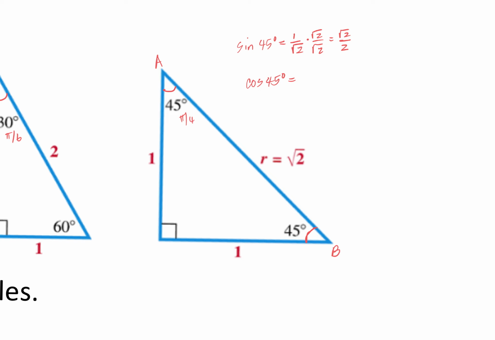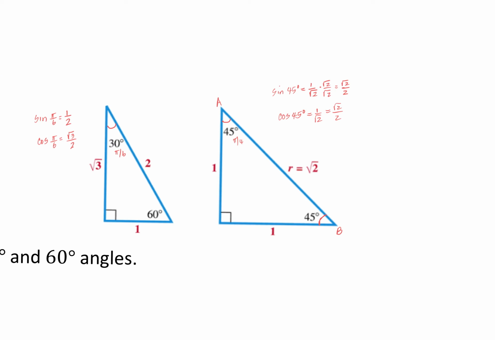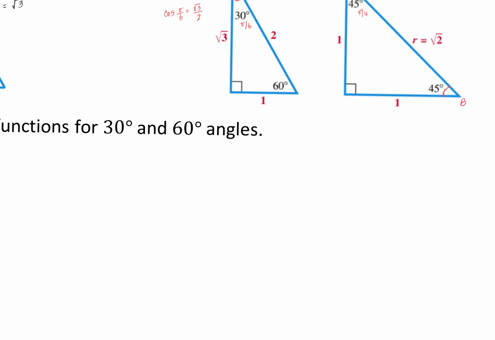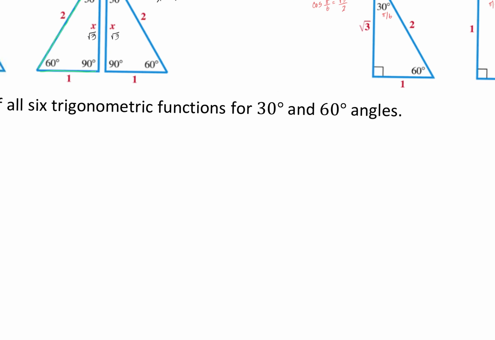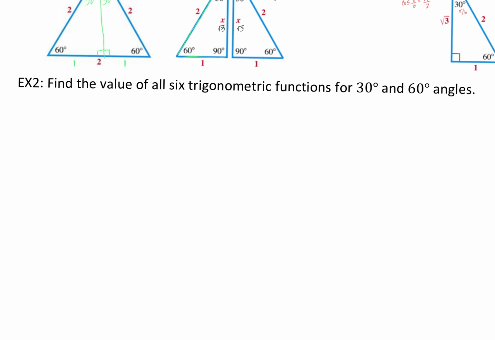Now you can see why sine and cosine both have the same value of square root 2 over 2, because the angles are the same. So with respect to angle A, I would have adjacent, which is 1 over the square root of 2. Rationalizing, I get square root 2 over 2. So those are our special triangles that give us those nice points along our unit circle.